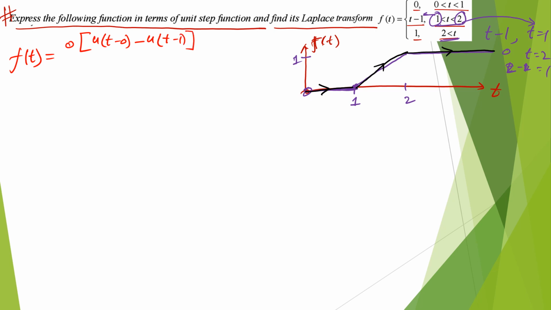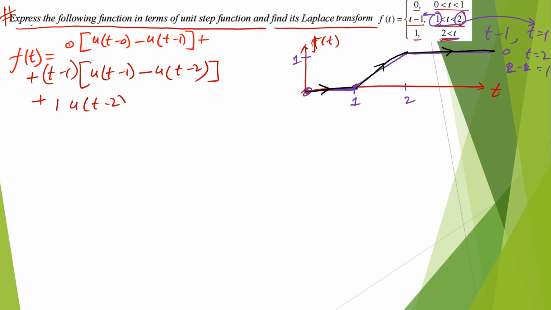This is the term we calculated from the lower limit and upper limit for the value when the function is 0, plus (t minus 1) into, now the lower value is 1 and the upper value is 2, so u(t minus 1) minus u(t minus 2), and for the last term, plus 1 into, for t greater than 2, the unit step function u(t minus 2).